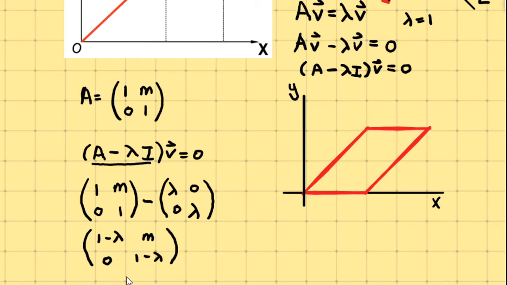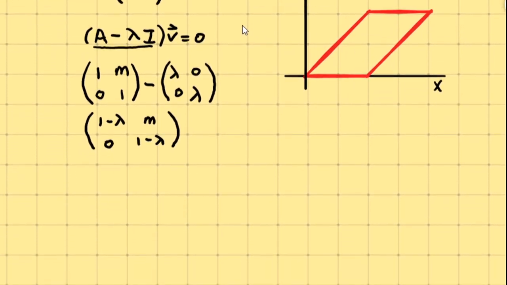And we make the demand that the determinant of this is equal to 0.